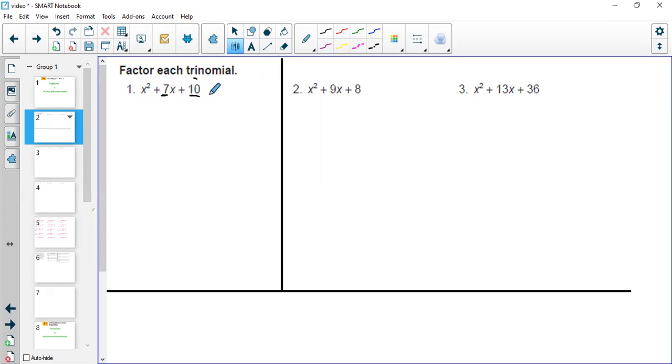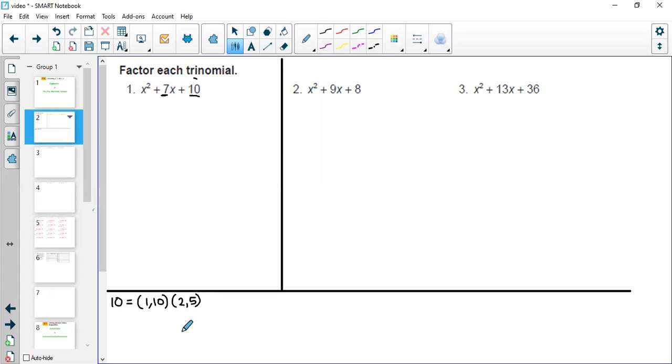Now what am I going to do with this 10? I am going to write down all the factors of 10. I hope you know what factors are, right? The two numbers which, if I multiply them, I would get a 10. Always start with 1. So 1 multiplied by 10 is 10, right? Then next is the table of 2. That's 2 multiplied by 5, which gives you a 10.